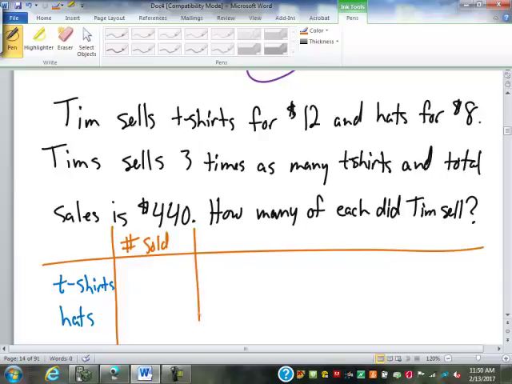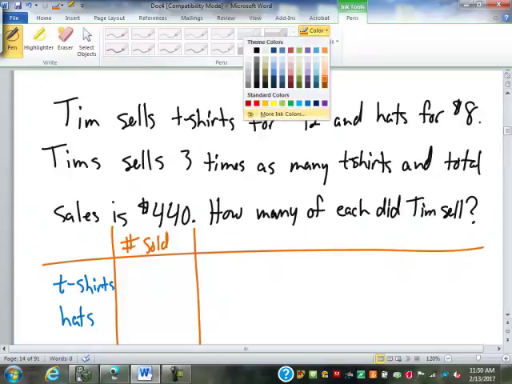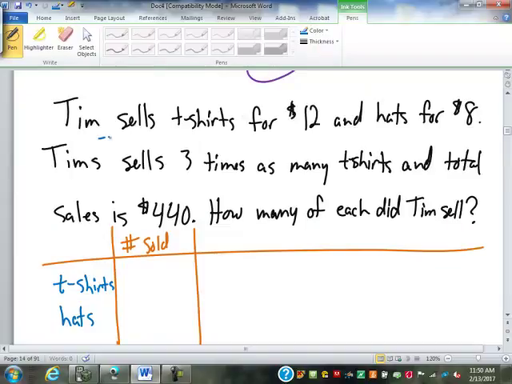So the number of T-shirts and hats sold, one is going to have to be related to the other. If we look up here, it says 3 times as many T-shirts as hats. So if we let the number of hats sold be x, the number of T-shirts sold is 3x.